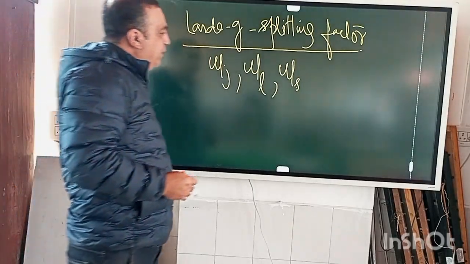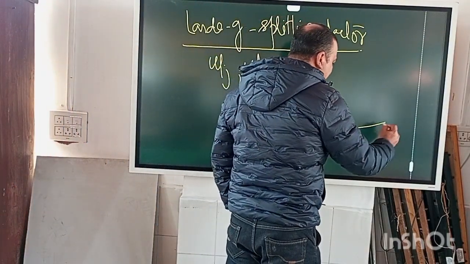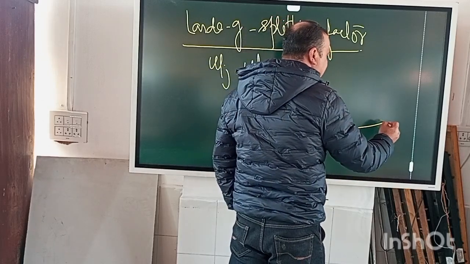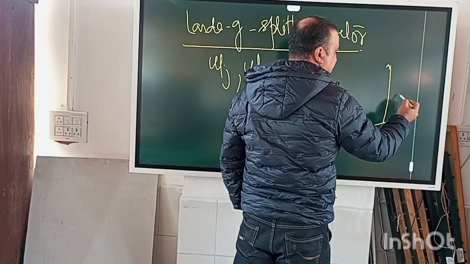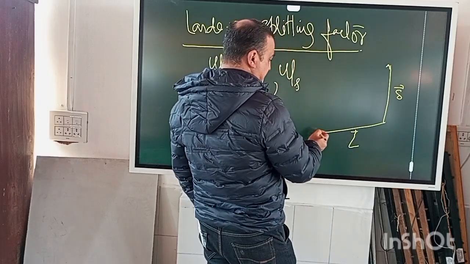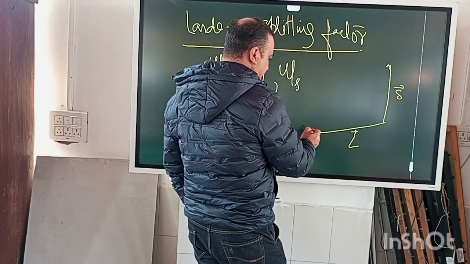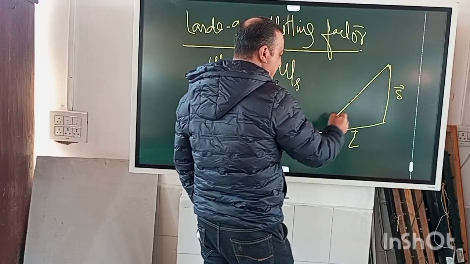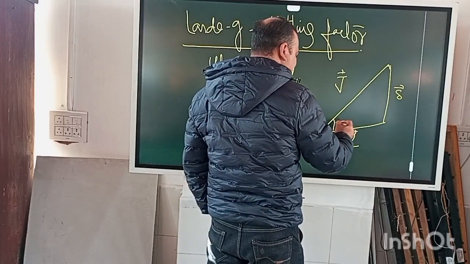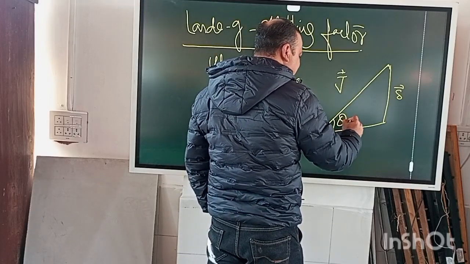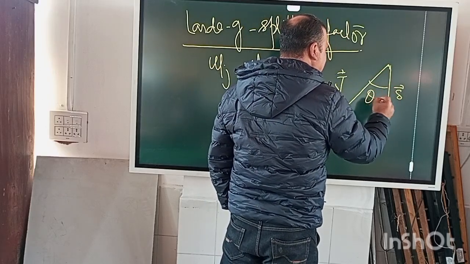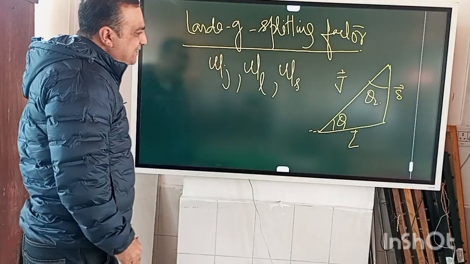So if this L is my orbital angular momentum, and this is my spin angular momentum, and this is my total angular momentum J. Let me assume that the angle between J and L is theta 1, and the angle between J and S is theta 2.